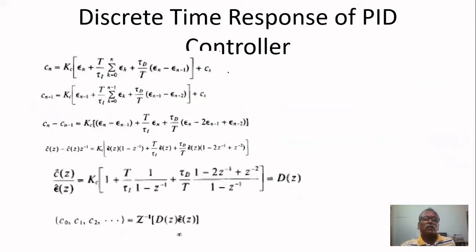Now, let us find the transfer function for the PID controller. If you consider a PID controller in the continuous domain, what will we write?